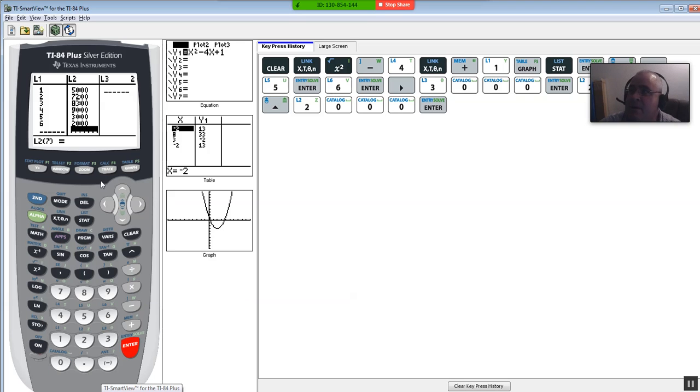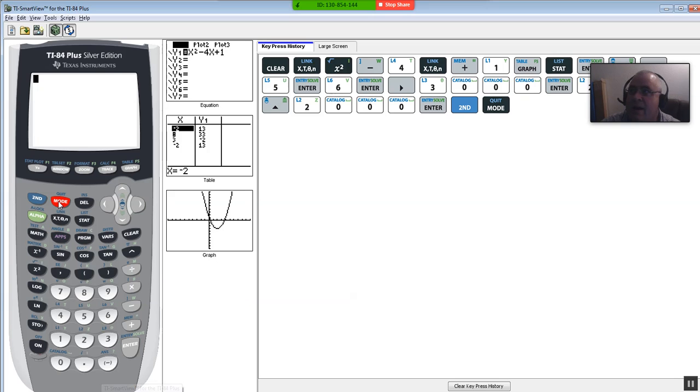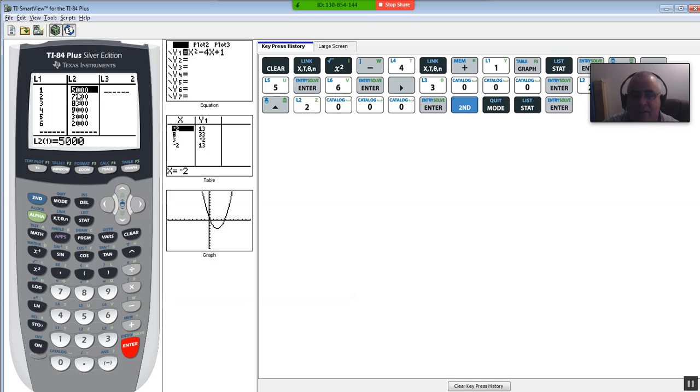Now on your calculator, I'm going to exit out, so I'll do second mode. Now, if you're given x values and y values, you just go into Stat, you go into Edit, and you input your x values. You just enter your x values here and your y values here.